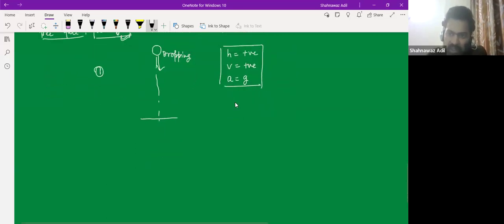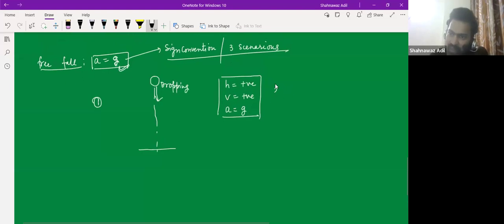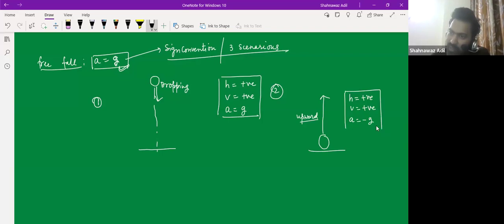The second sign convention: the object is thrown upwards. For upward movement, your h is positive, your v is positive, but acceleration is negative. This you have to remember.